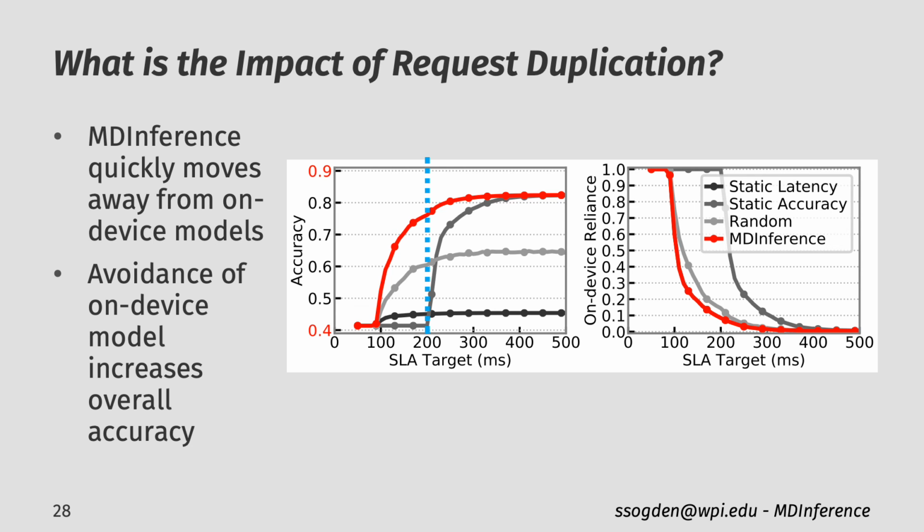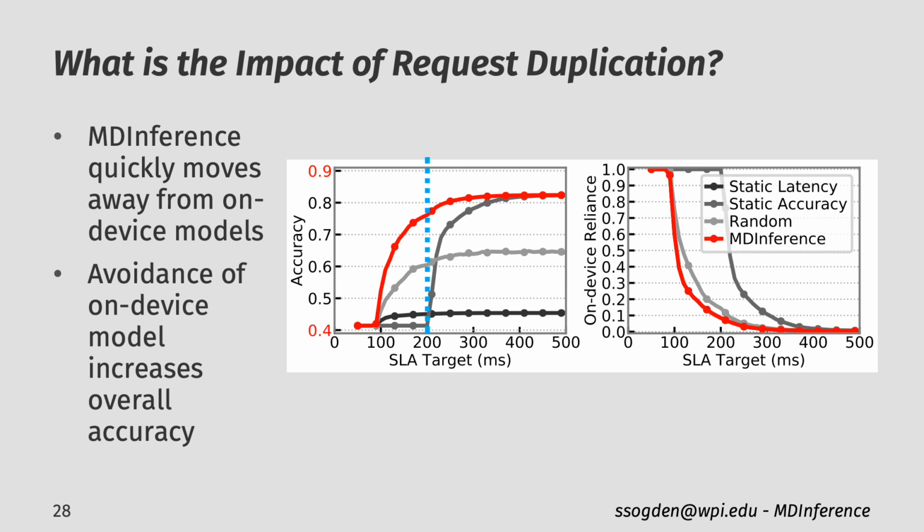Throughout this entire time, before this, MDInference has already been returning higher accuracy results. At this point, it's 35% higher accuracy. And this is due to not relying on the on-device model for results, and instead using the higher accuracy cloud-based models, while static accuracy was relying on the on-device model in order to bound latency.